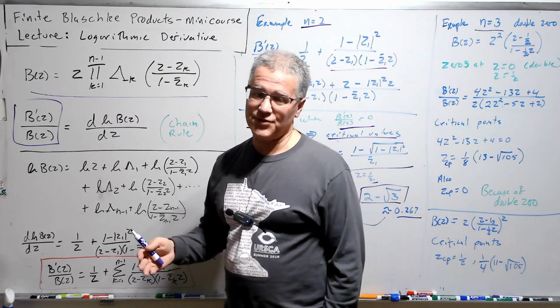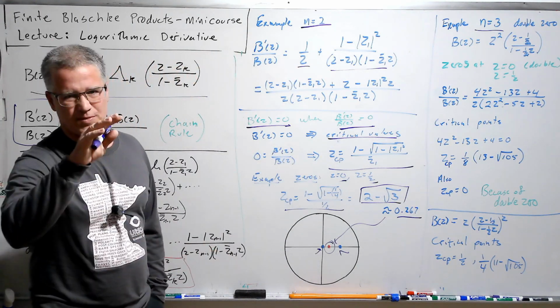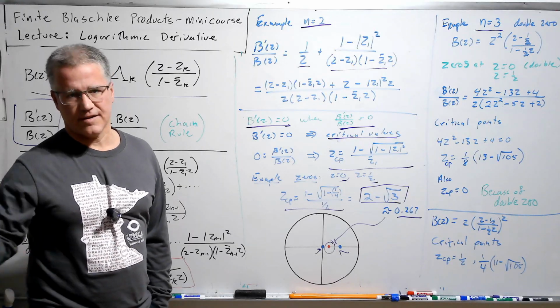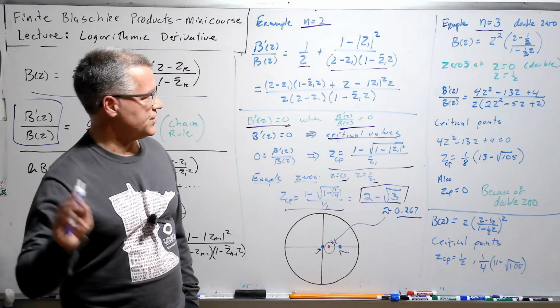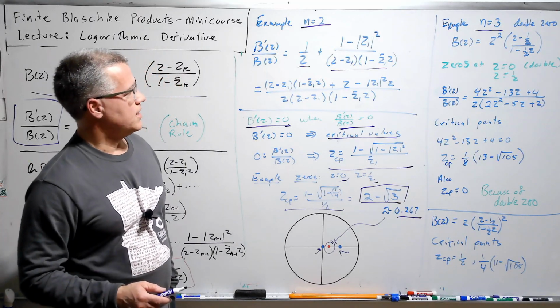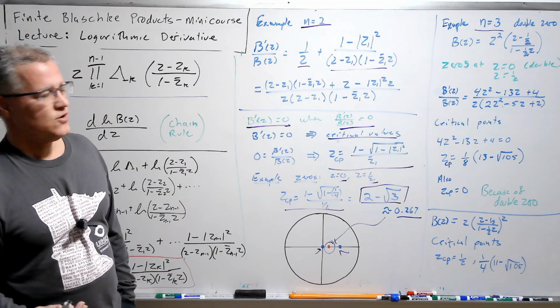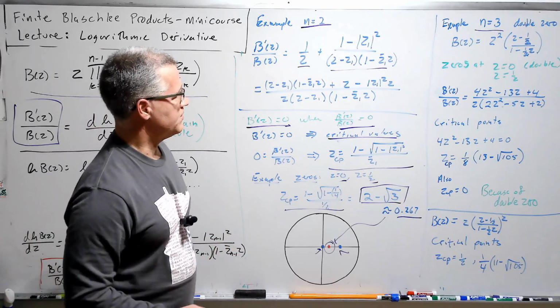Now, even at n equals 3, it becomes a bit more difficult and a little too messy to really track through. You can do it with Mathematica, and I do that often, or just numerically, which I will do a lot, and we'll see that a little bit as well. But let's take a simple example that we can actually work out with pencil and paper pretty quickly in a small amount of space.